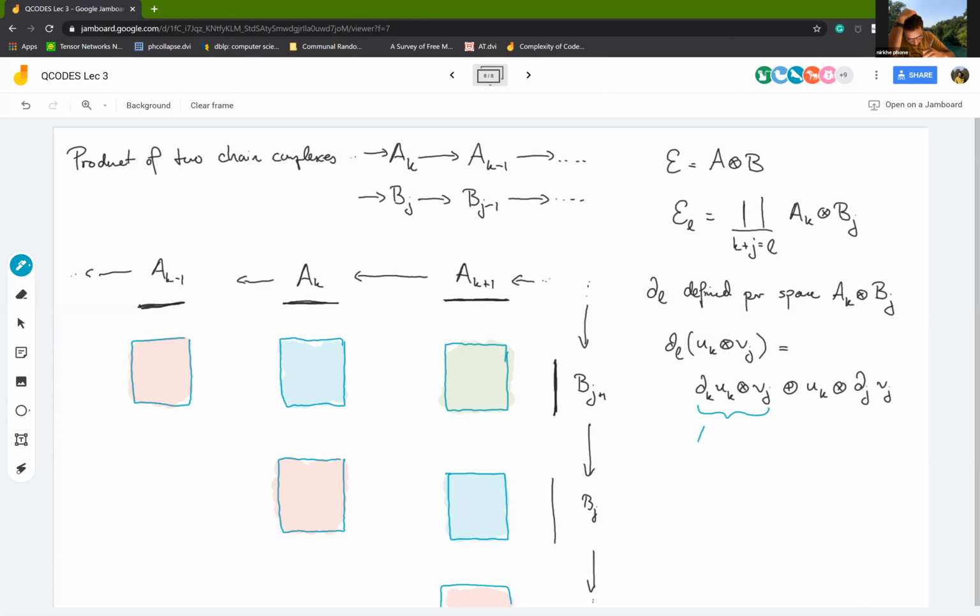So what you should see is that this first term is an element of A_(K minus 1) tensor B_J, and this second element is an element of A_K tensor B_(J minus 1). So there's nicely a picture associated. Think about this point. Let's assume it's the same point that came up in A_(K plus 1). This is just the shadow there. Let's assume for a second that it only has one boundary arrow and it maps to some point right here.